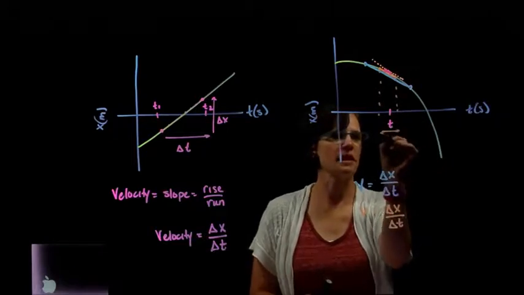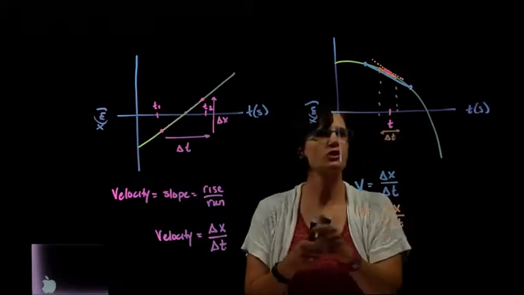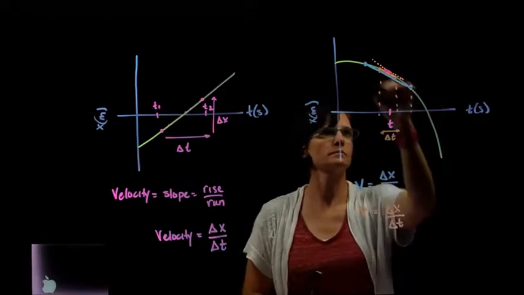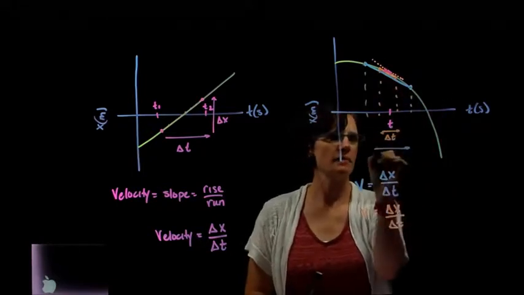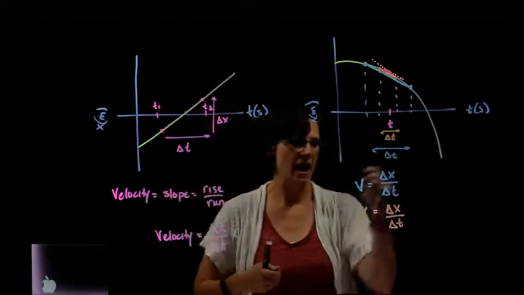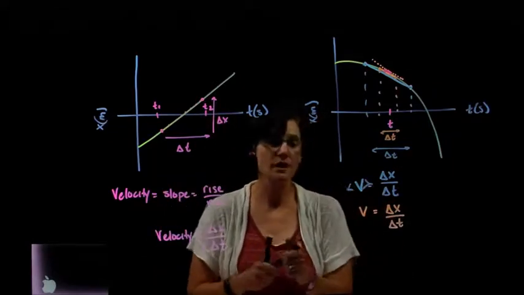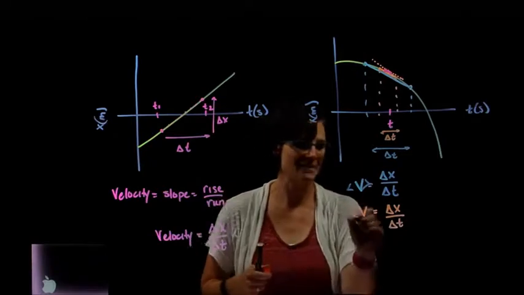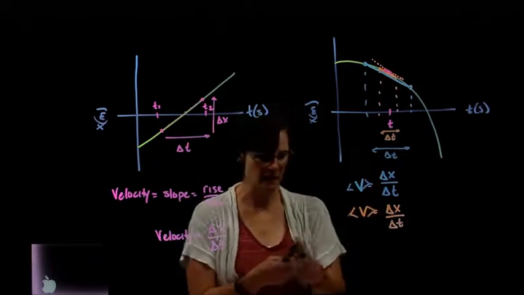So here's my delta t for the orange, and here's my delta t for the blue. These are average velocities, my approximations of the velocity at that very specific point in time.